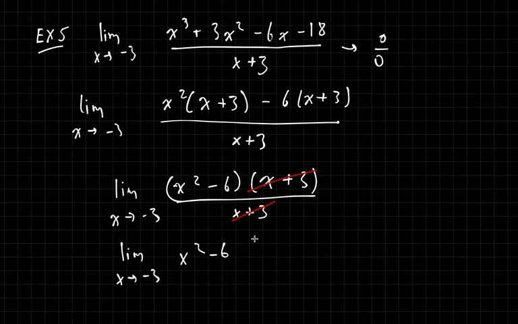So now it looks like our function is simplified and we can try direct substitution. So we get negative 3 times negative 3. Negative 3 squared is just 9 minus 6. And then 9 minus 6 is just 3.